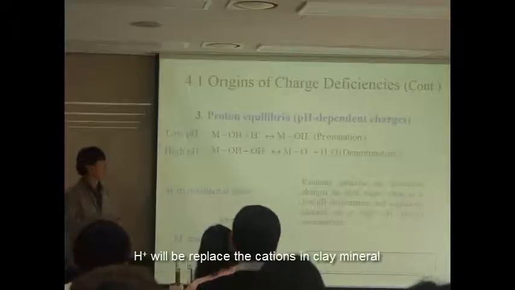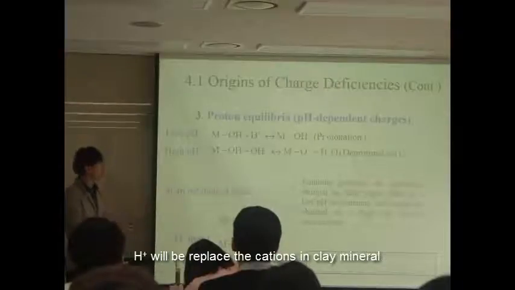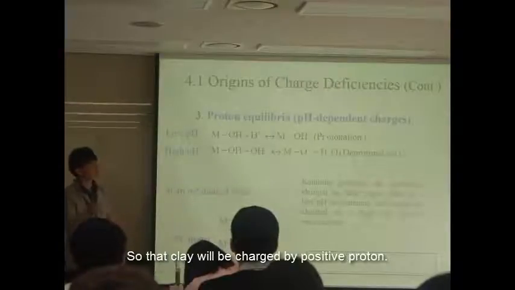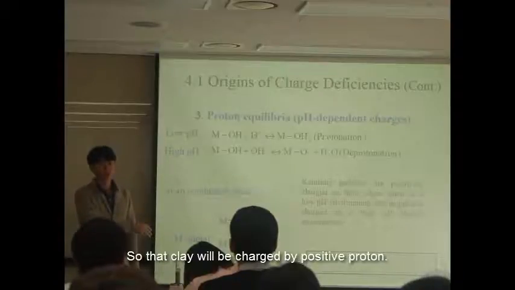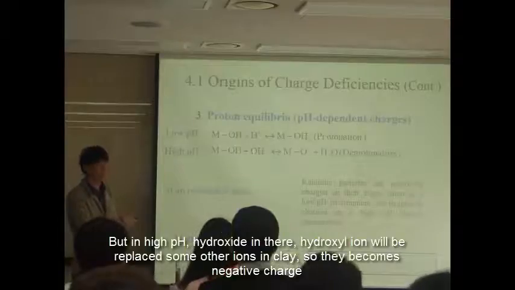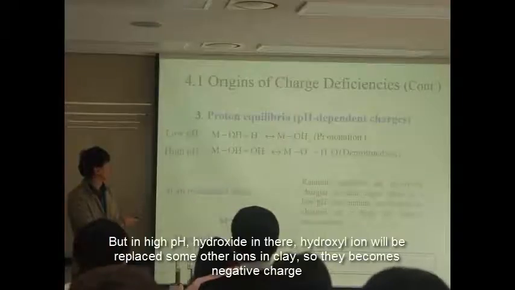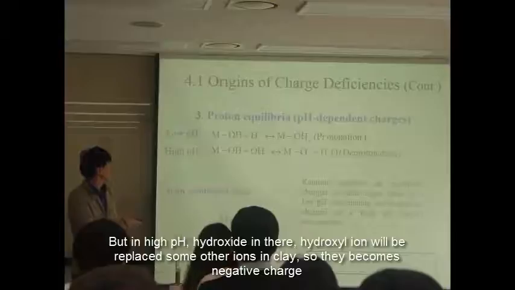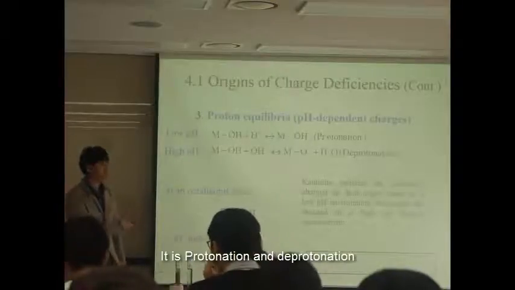Then this H+ will replace the cation inside the clay mineral, so that the clay will be charged with positive proton. But in the high pH, the hydroxyl is more there. The hydroxyl ion will replace some other things in the clay so that it becomes negatively charged. And that is protonation and deprotonation.